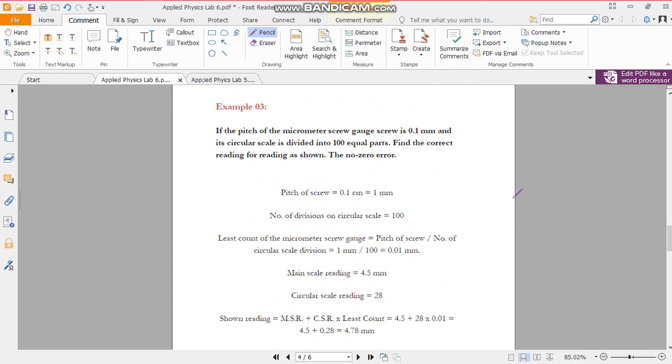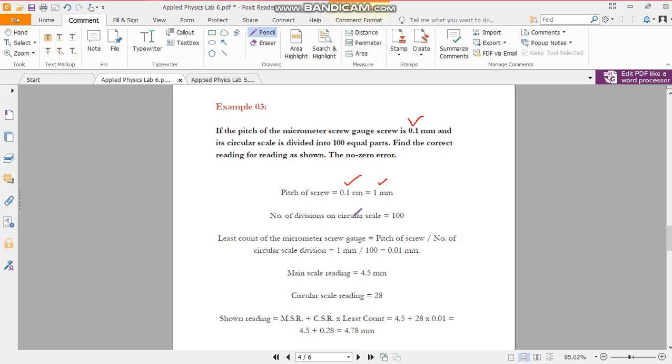If the pitch of the micrometer screw gauge is 0.1 mm and its circular scale is divided into 100 parts, find the correct reading as shown, with non-zero error. So here we have to find this. What is given? First we list out the pitch of the screw gauge, you can write 0.1 centimeter or 1 mm.